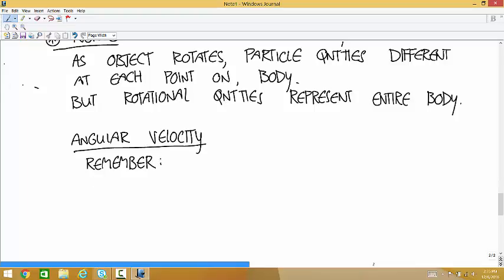We first defined an average velocity that was equal to the position at a later instant minus the position at an earlier instant divided by the elapsed time.